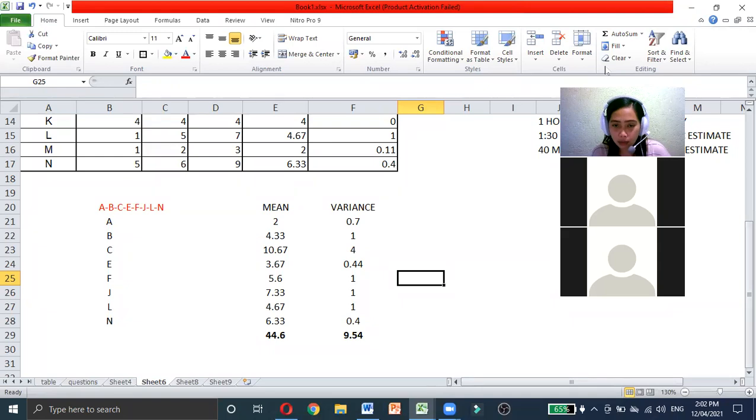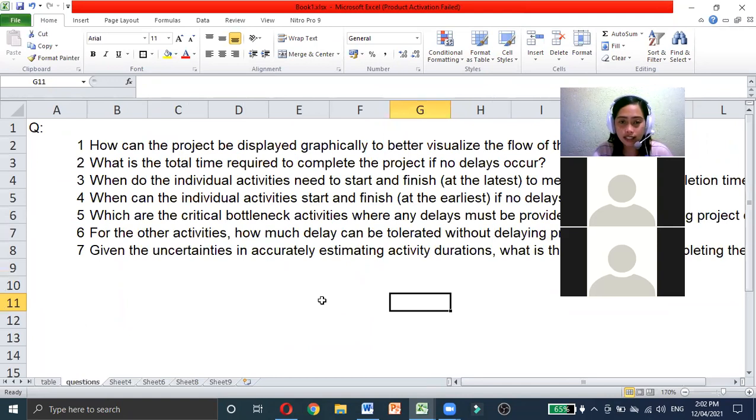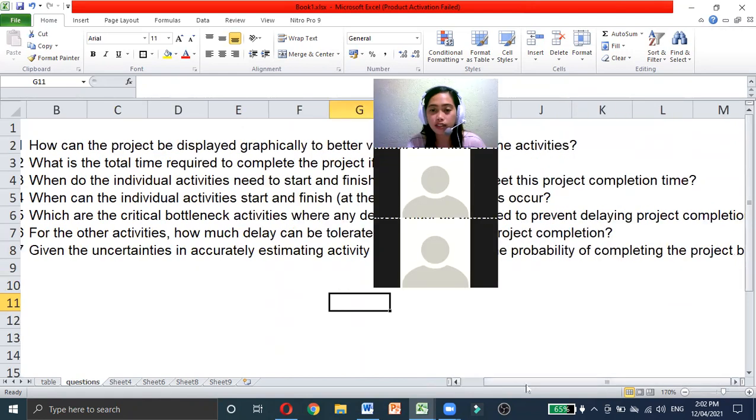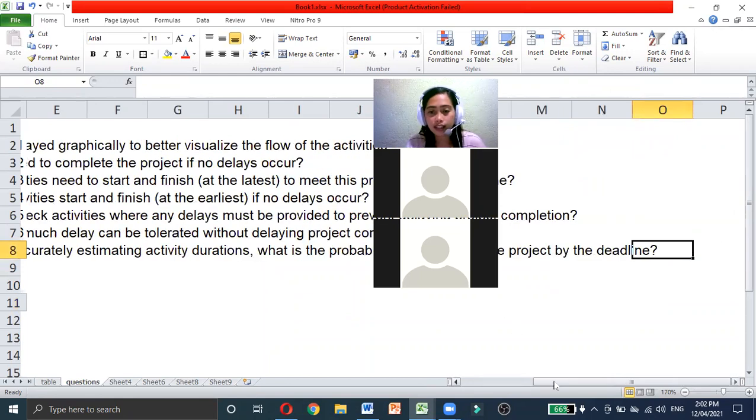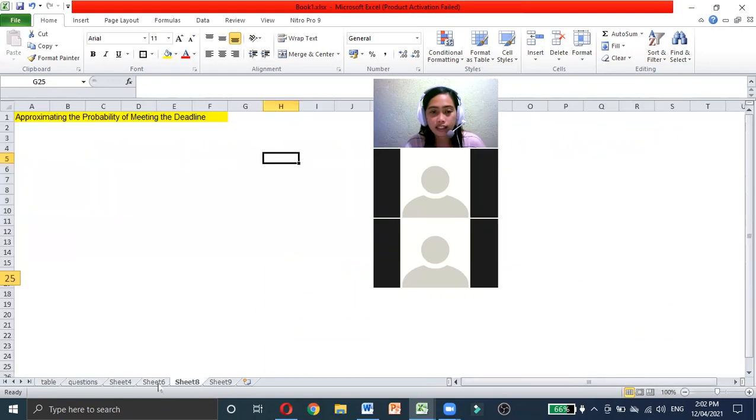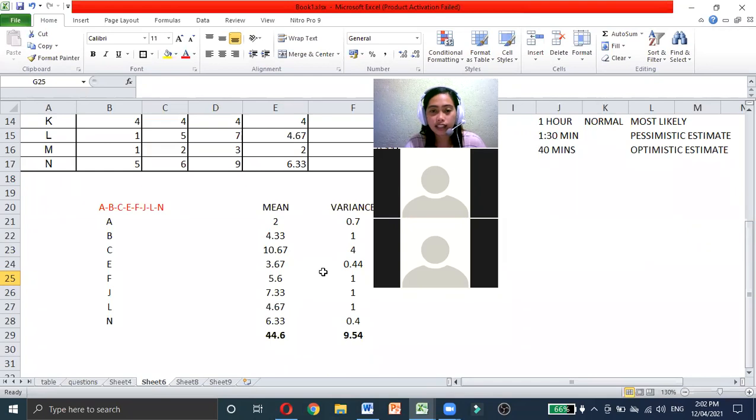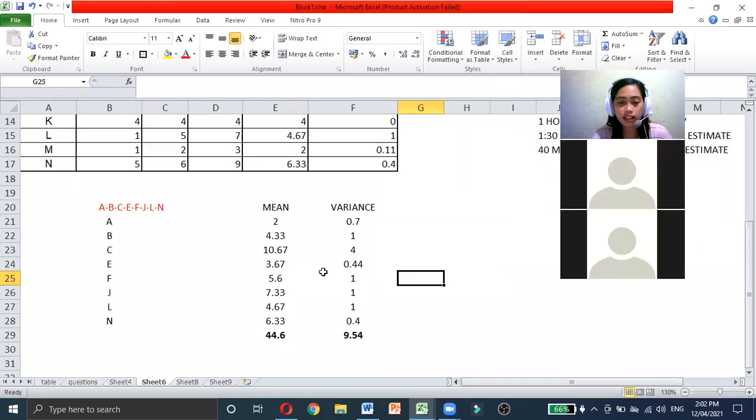So given the mean and the variance, can we identify the probability? The question is, given the uncertainties in accurately estimating the activity durations, what is the probability of completing the project by the deadline? Looking at here, 44.6 and then 9.53.